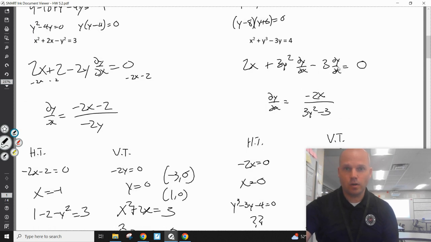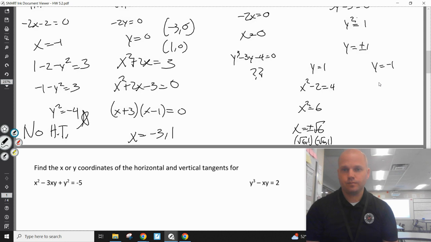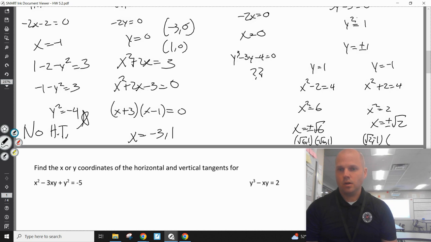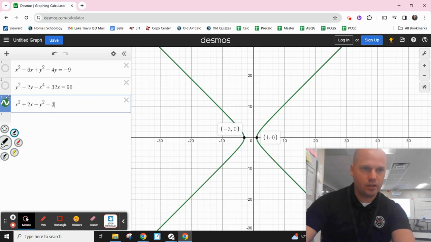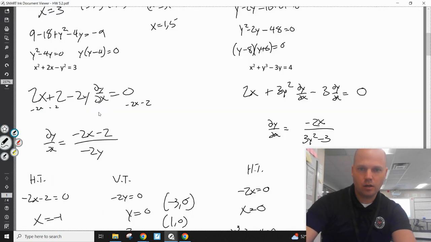I get negative 1 plus 3, that's a plus 2 equals 4. So here I'm getting root 2, 1, root 2, negative 1, and negative root 2, negative 1. Let's find out. I don't think there's any horizontal tangents. I think there are 4 vertical tangents.